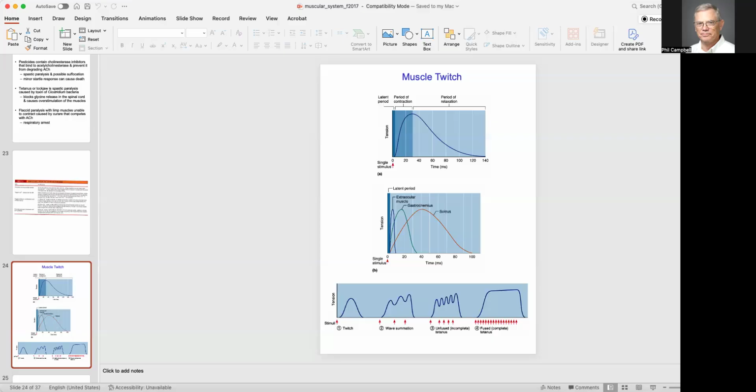I expect you to understand and appreciate the distinct difference between an action potential, which is exclusively within nervous system communication, and a muscle twitch. Okay, so it's completely different.